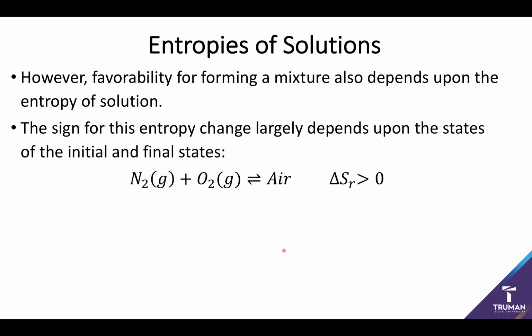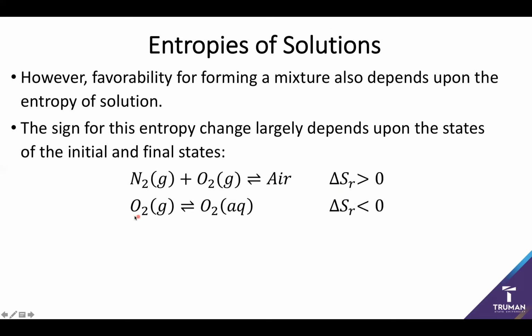So for example, let's say I'm mixing together two different gases. If I'm mixing together two gases, I'm not really breaking any IMFs or making any IMFs. And what I end up with is a nice disordered mixture of the two species. So mixing together two gases will always have a positive entropy, as I essentially am letting both gases expand.